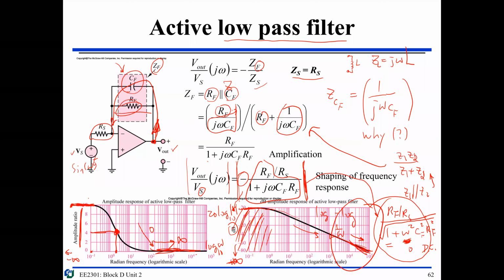When it is very high, your gain is like this. That's why it's high frequency attenuation and low frequency just passes without much loss or attenuation.